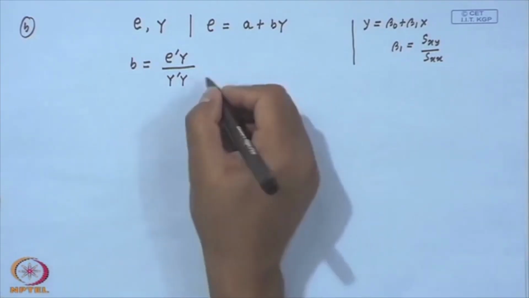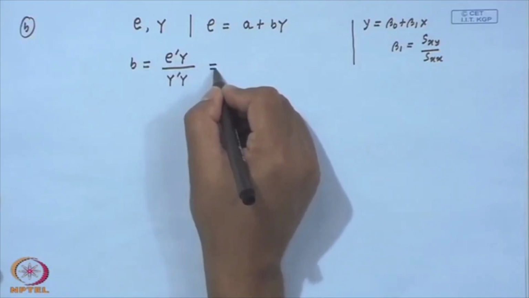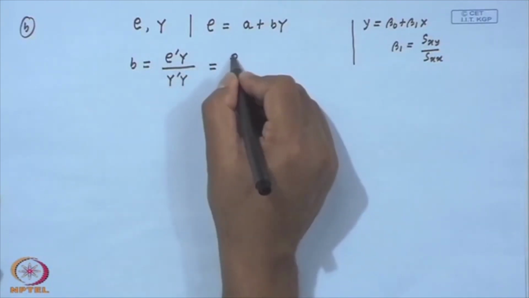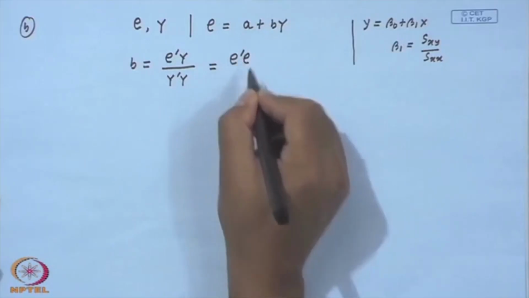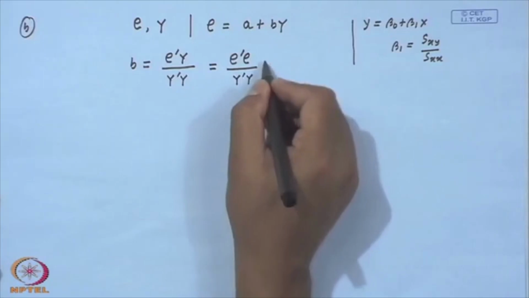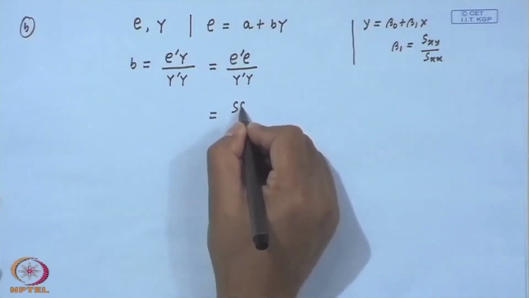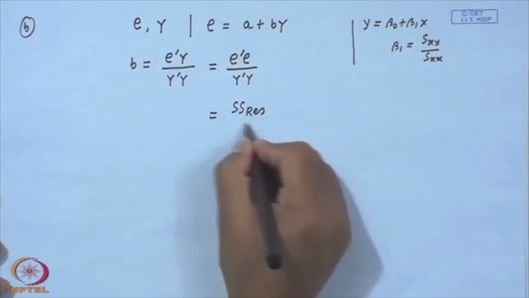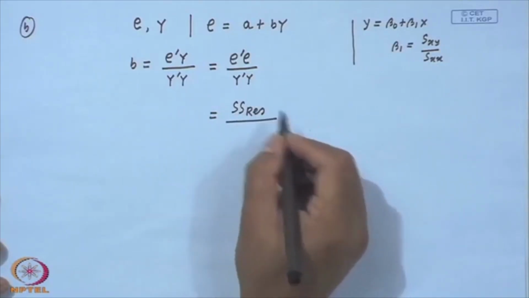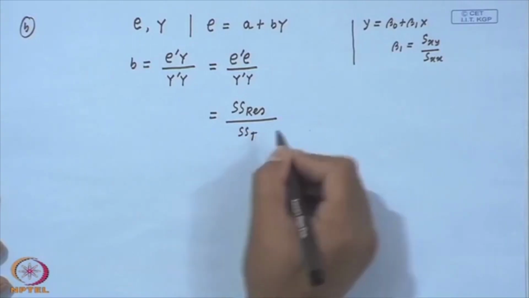Okay. Now, E prime y, we just proved that E prime y can be written as E prime E by y prime y. So, E prime E is nothing but S S residual by y prime y, which is S S total.